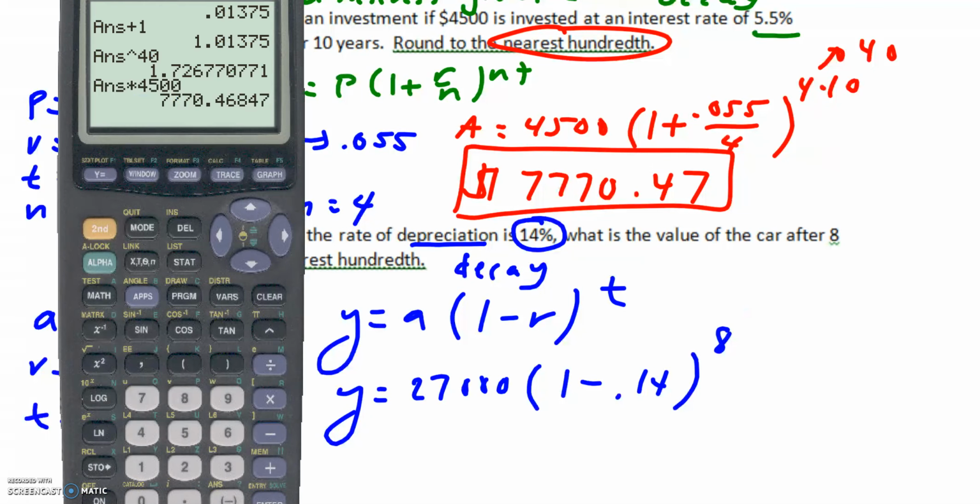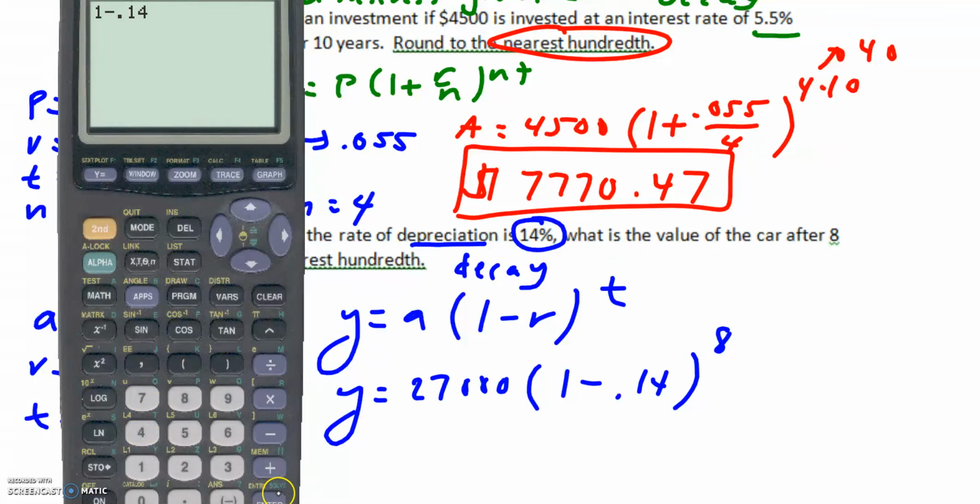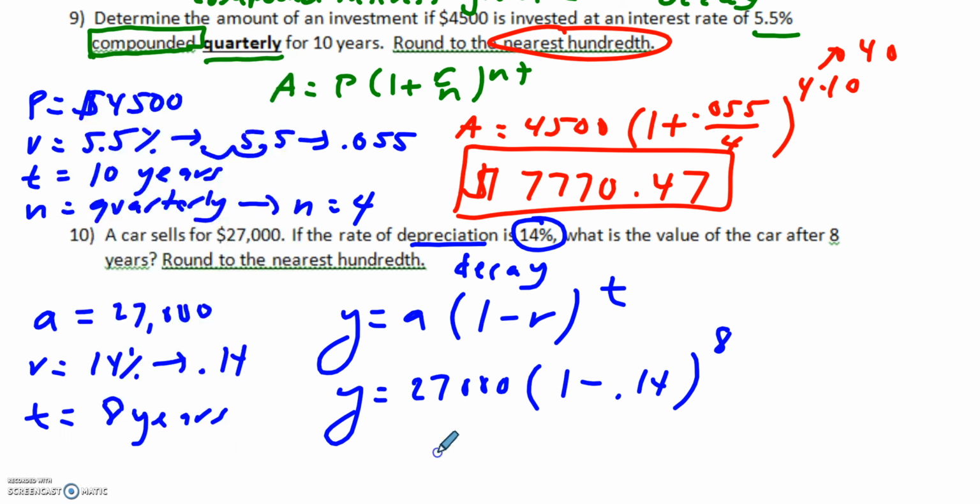So if I bring my calculator back out here, I first do what's inside the parentheses, 1 minus 0.14, enter, raised to the 8th power, then multiplied by $27,000. My final answer will be 8078.88, which again makes sense because I'm dealing with money or a value of a car.